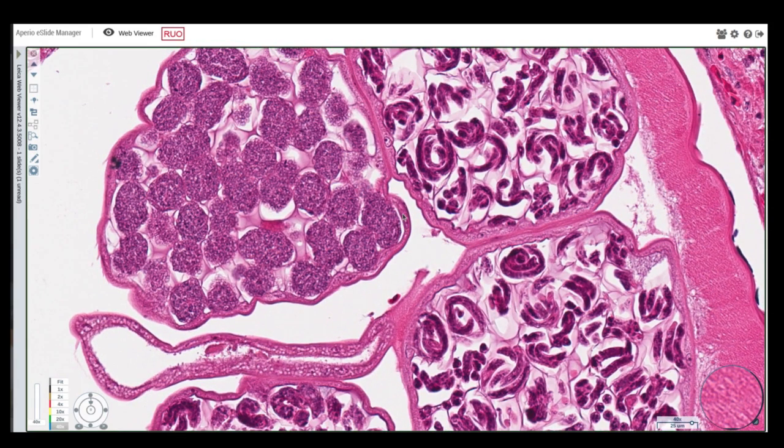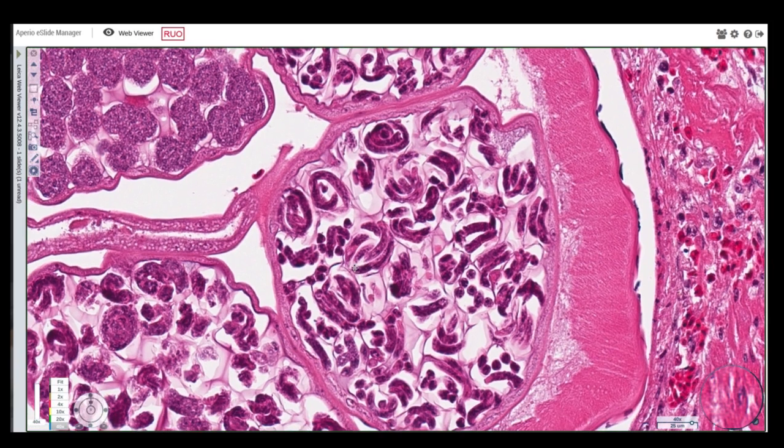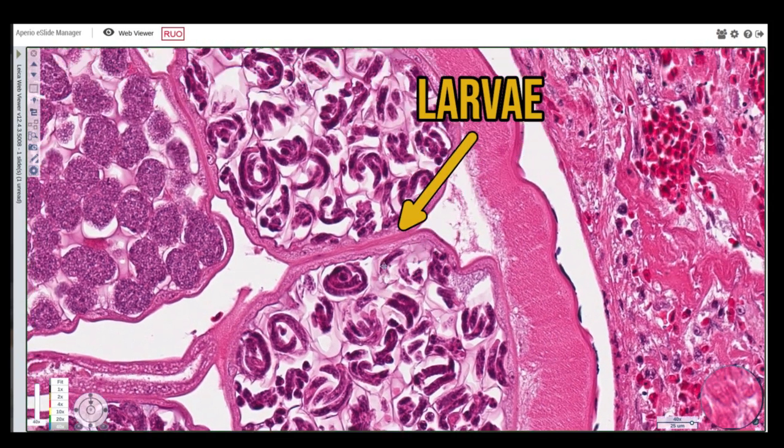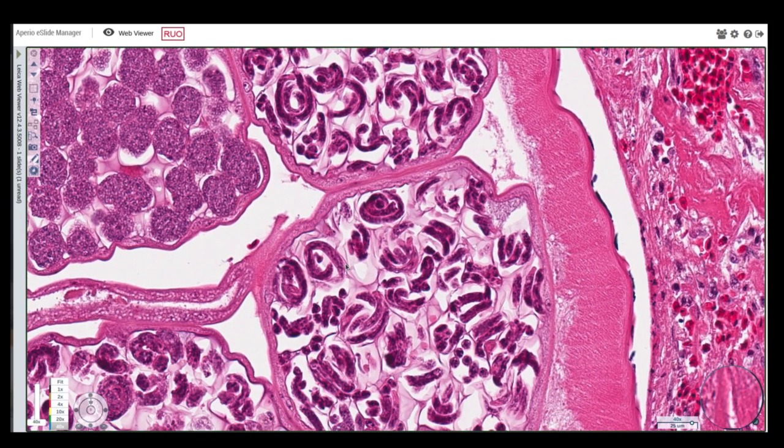So this is a female nematode, in that these are presumably eggs, and then in here all of these are larvae, so the first life stage, still within the eggs, within the uterus of the adult female.